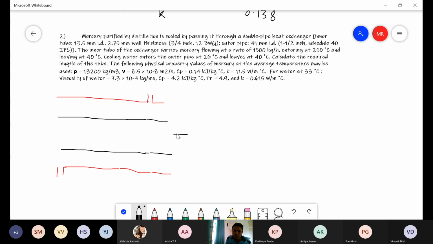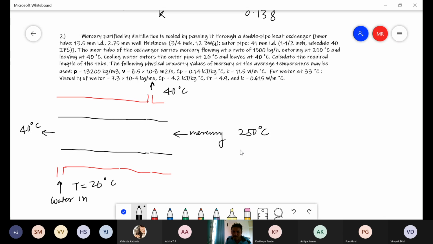The inlet is mercury at a temperature of 250 degrees Celsius. The outlet here is at 40 degrees Celsius. There is water in at a temperature of 26 degrees Celsius, and water out is at 40 degrees Celsius.